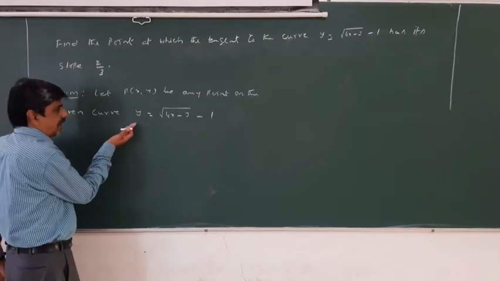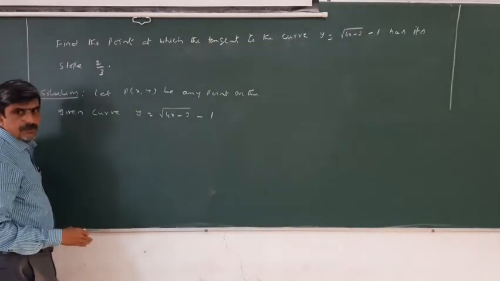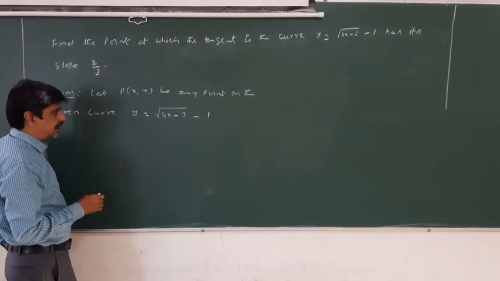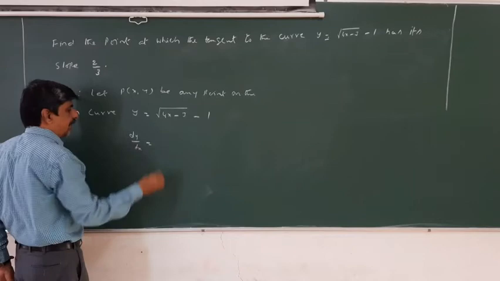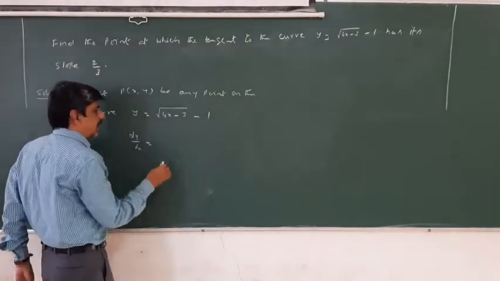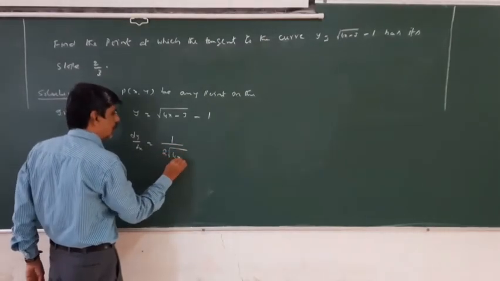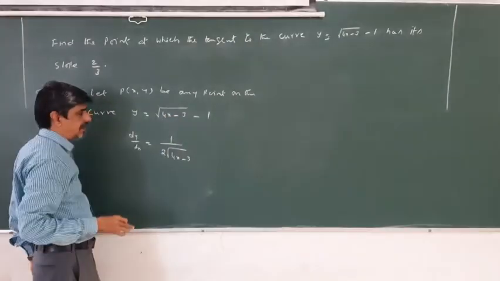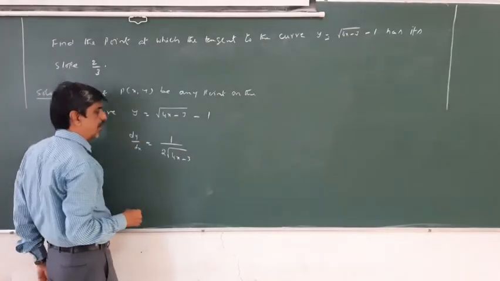So now differentiate y is equal to root over 4x minus 3, minus 1, with respect to x on both sides. dy by dx is equal to d by dx of root x, which is 1 by 2 root x. Here in the place of x, 4x minus 3 is there. Then again differentiate 4x minus 3 with respect to x.